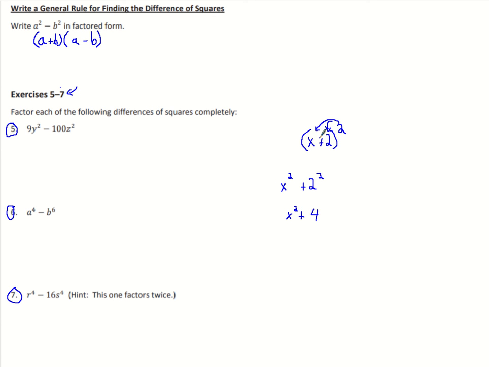Think about what it means to square something. If we are going to square something, it means that we take whatever I'm squaring and multiply it by itself. So instead of multiplying x by itself and 2 by itself, I'm going to actually multiply x plus 2 by itself.